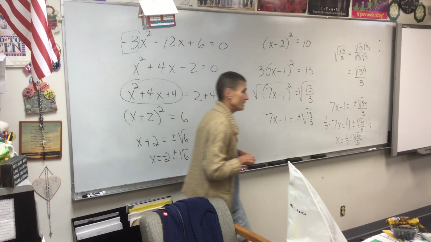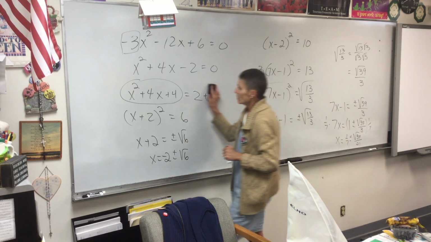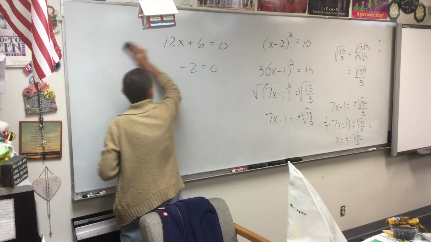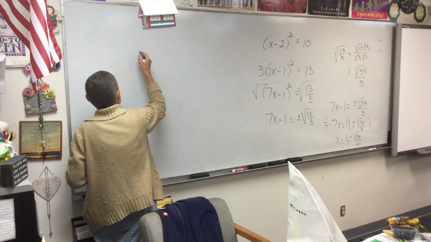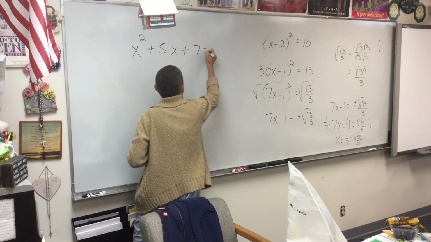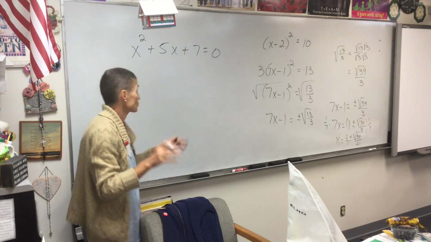Okay? Now, once in a while, when we do one of these problems, something happens that's a little bit disconcerting. Let's solve this one. And I don't care how you solve it. Solve it any way you want. Complete the square?